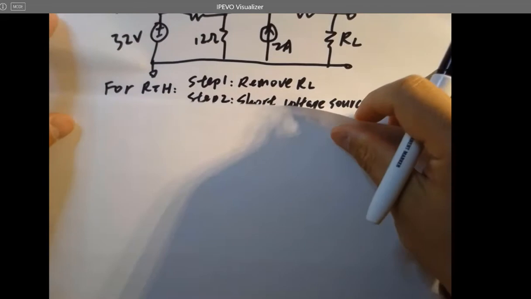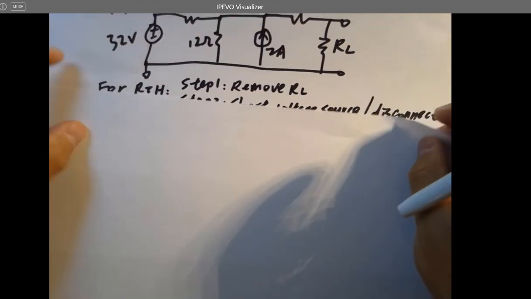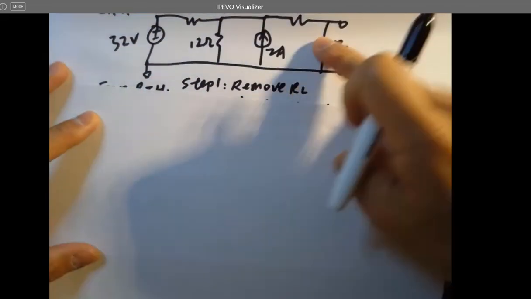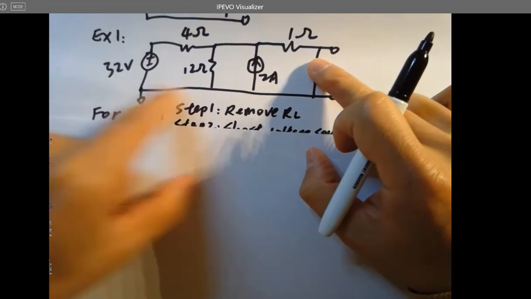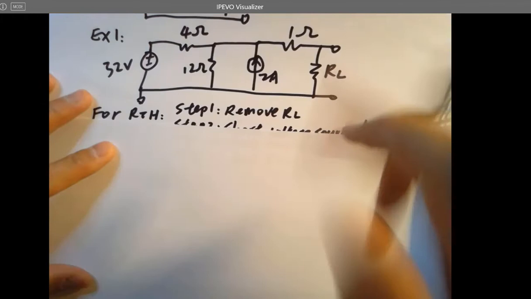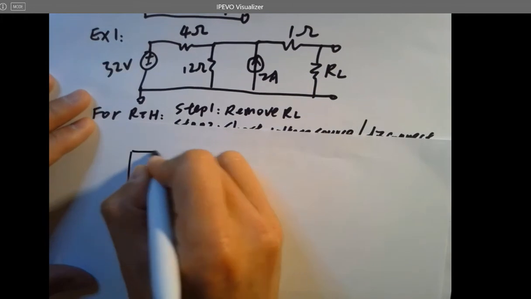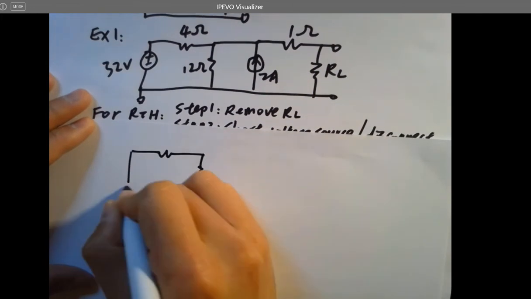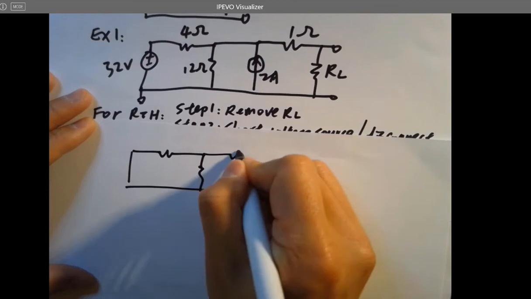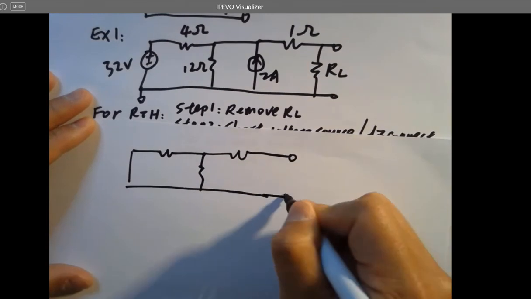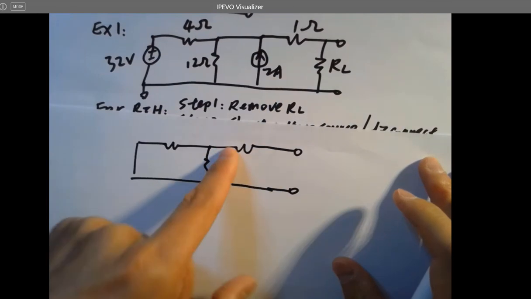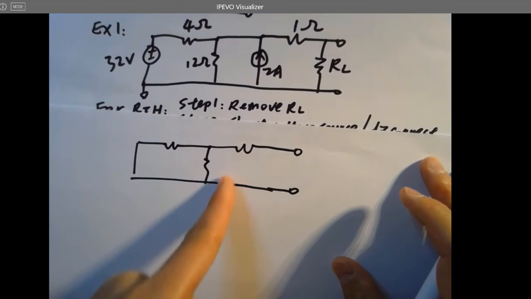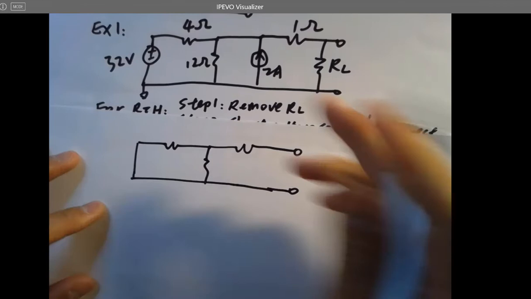See how I'm going to do that. First, remove RL. So this is gone. It's not in the circuit anymore. And short this one, disconnect this one. Eventually, you are going to see something like this. The voltage source is shorted and the current source is disconnected, so nothing is here anymore. I just remove it.